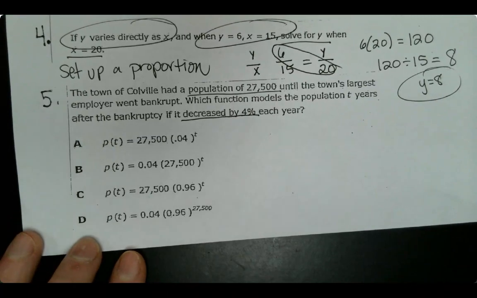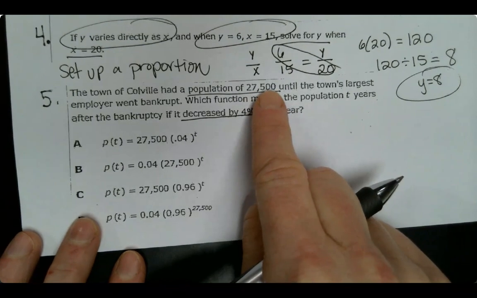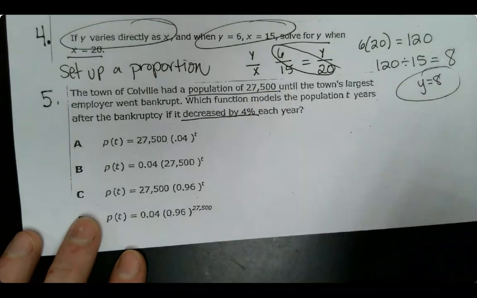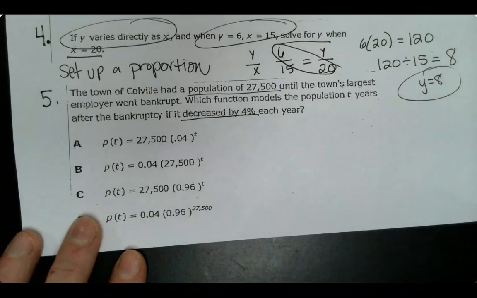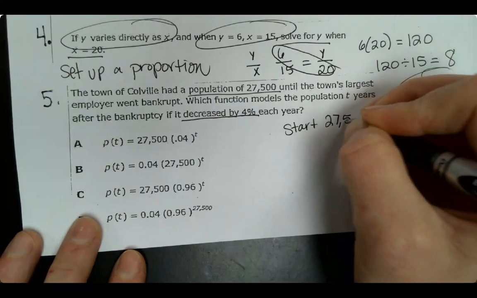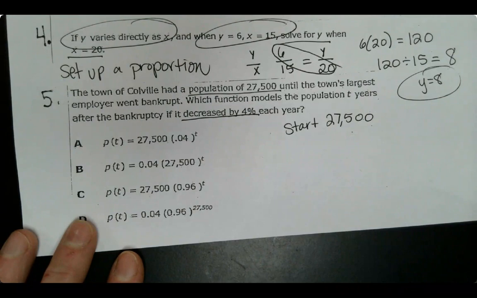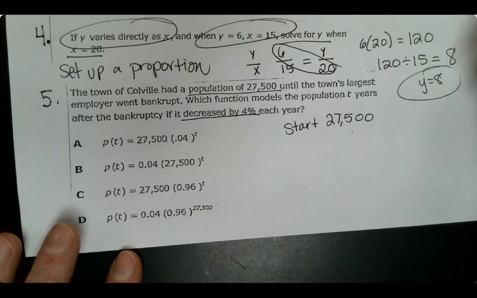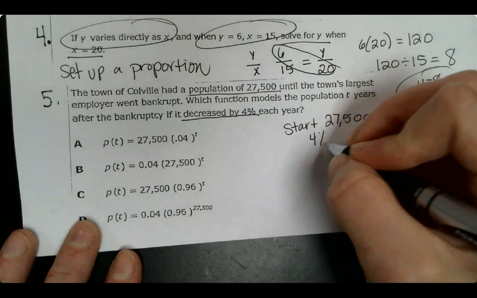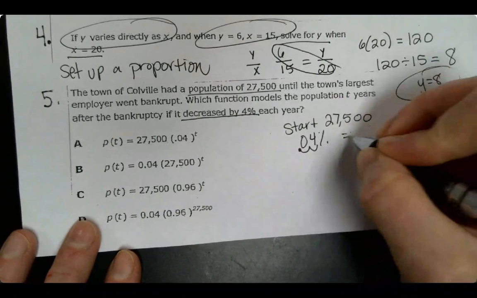So what does 27,500 represent? Total that we start with, right? So let's write that start is 27,500 people. And it decreases by 4%. What do we need to do to 4% though? Decimal, so it's 0.04.